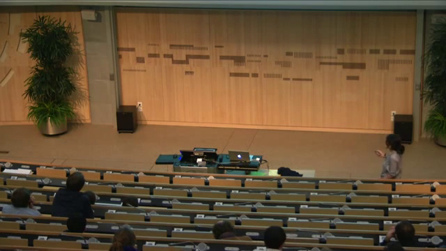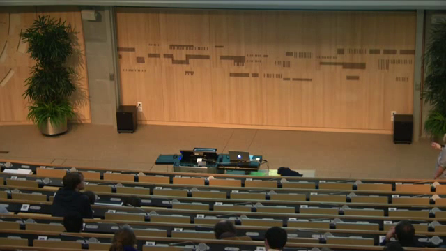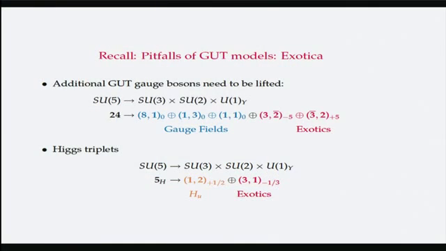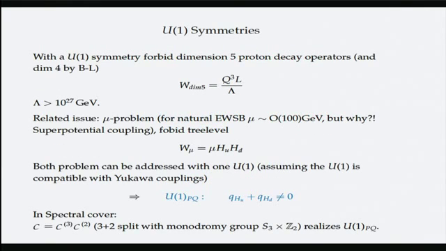So this is a model that realizes this type of symmetry. In the local context, we can look at all the matter, Yukawas, et cetera, and study these kinds of things. So that was one thing: U(1) symmetries can forbid proton decay and also help us with natural electroweak symmetry breaking.